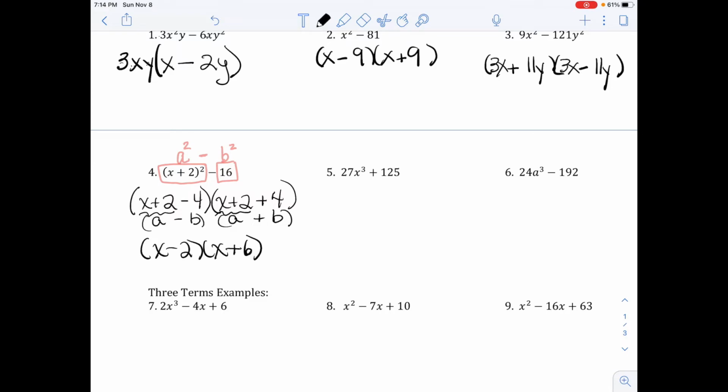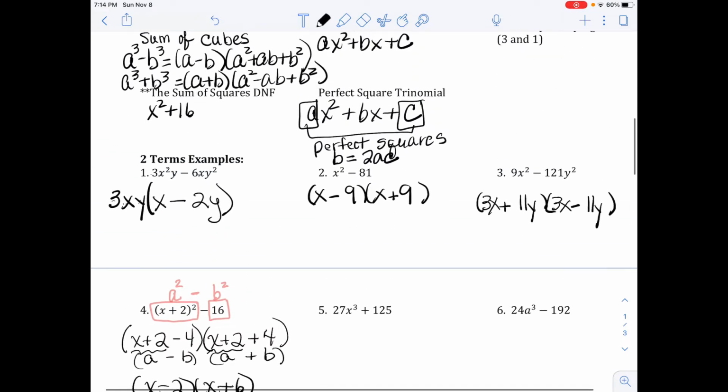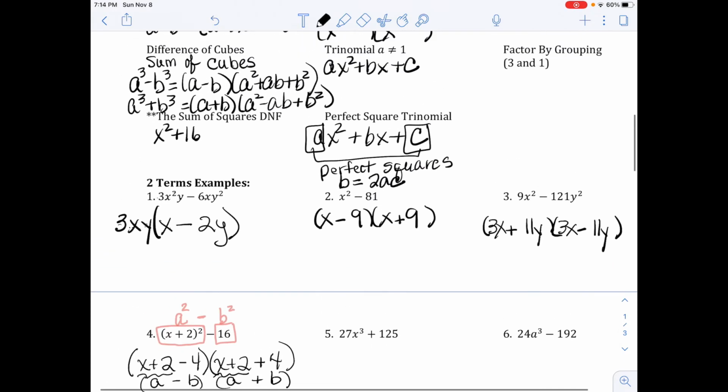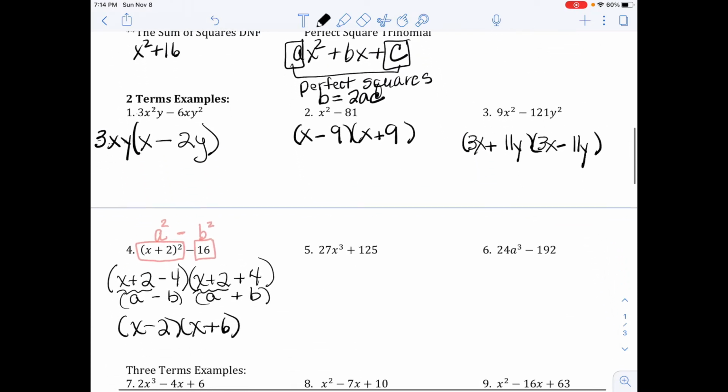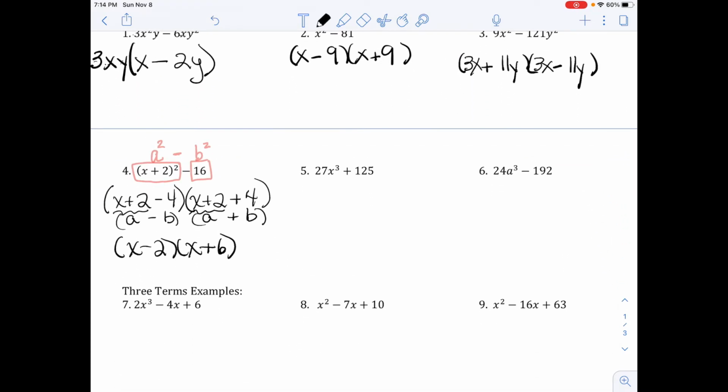All right, we have two terms again, right? But this time we have a cube. A cubed plus b cubed, or a cubed minus b cubed. Well, this is going to be a cubed plus b cubed because of that plus in between.